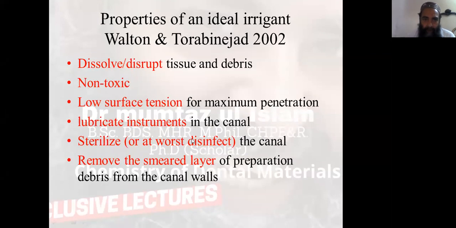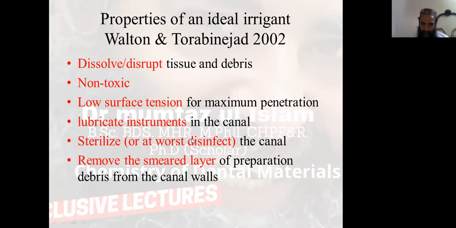Now, properties of an ideal irrigant, according to Walton and Torabinejad in 2002, were described as follows. They must dissolve or disrupt tissue and debris. They must be non-toxic, having low surface tension for maximum penetration.